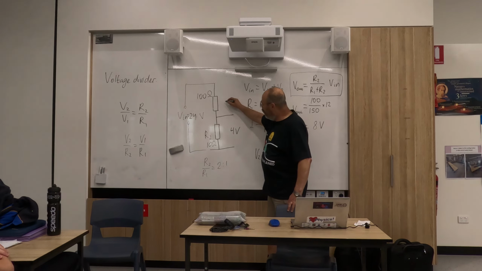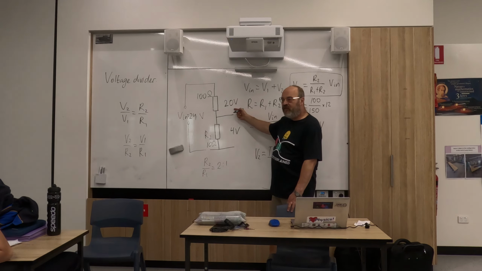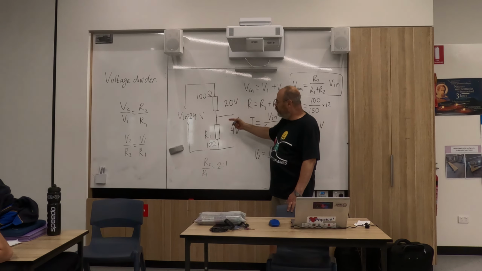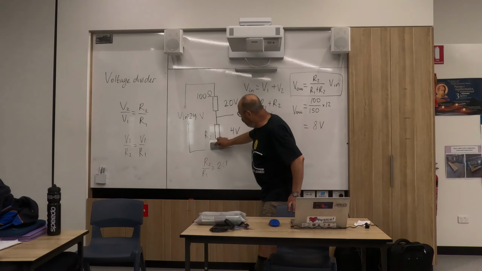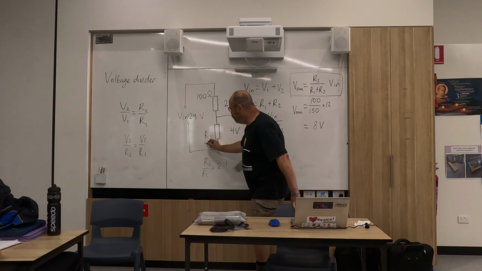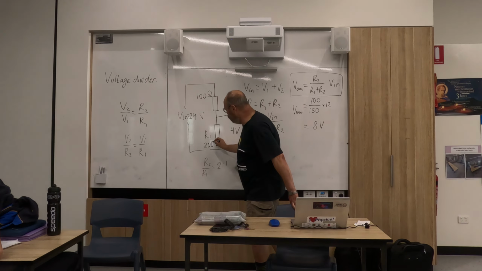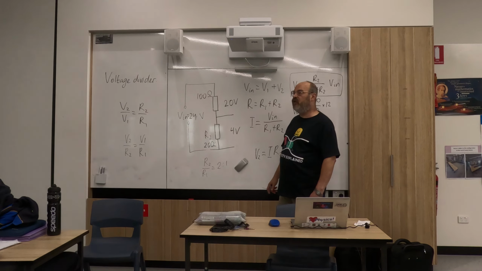So here it will be 20 volts. The ratio of the resistors is 5 to 1. So this resistance has to be 5 times bigger than this resistor. So what is this? 20 ohms. It doesn't have to be 2 to 1. You just look at the ratio of the voltages and you find the resistance.